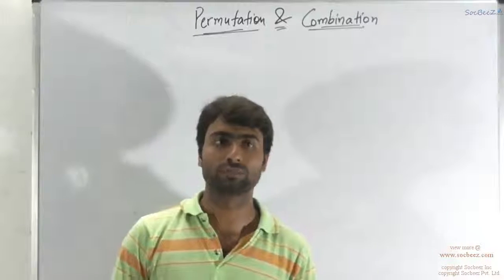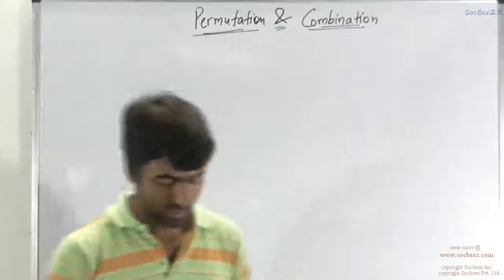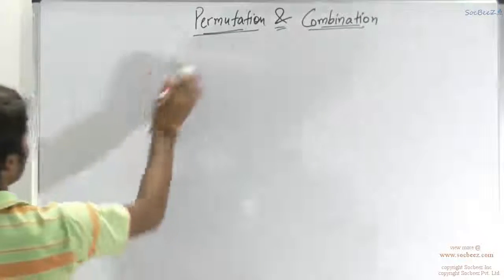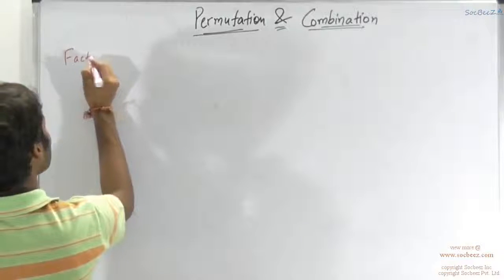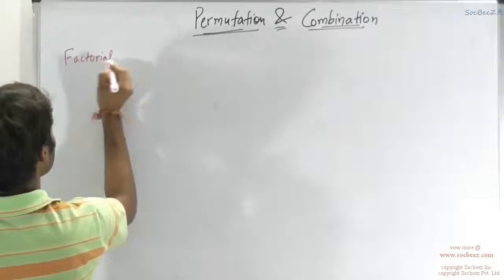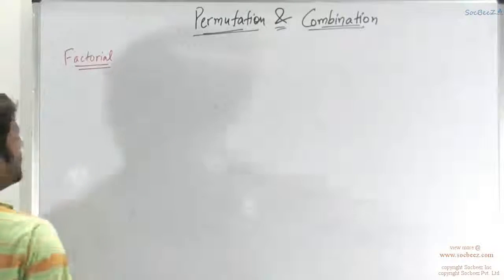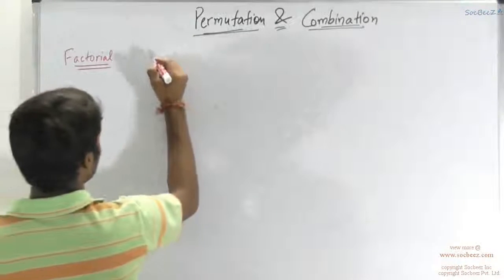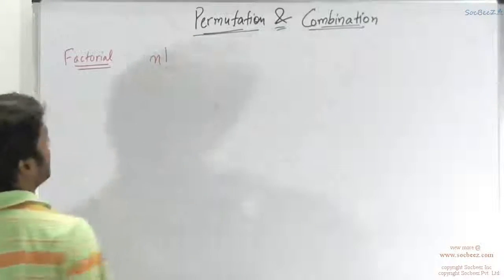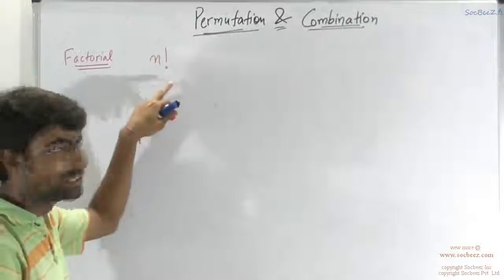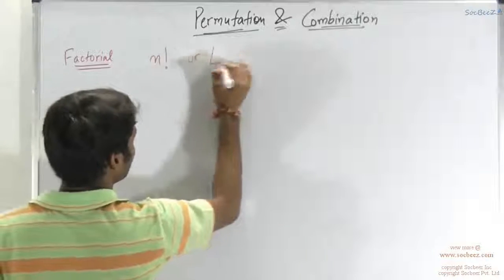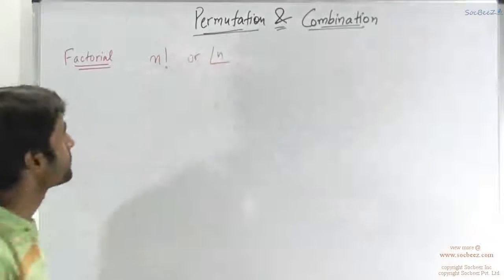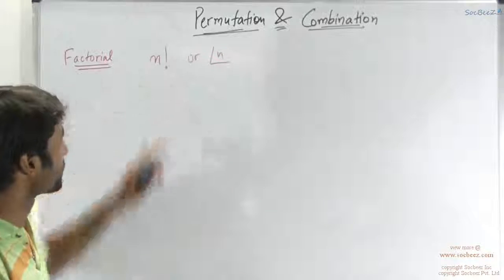First of all, I will explain what is known as factorial. It is basically a notation. If we say n factorial, this is the denotation, the exclamation mark is the symbol for factorial, or you write it like this. These are the two notations for factorial.